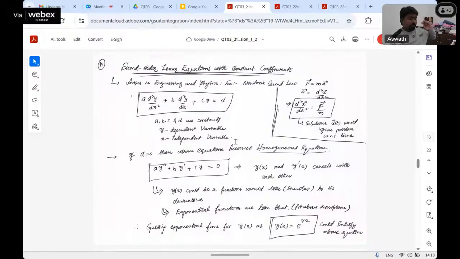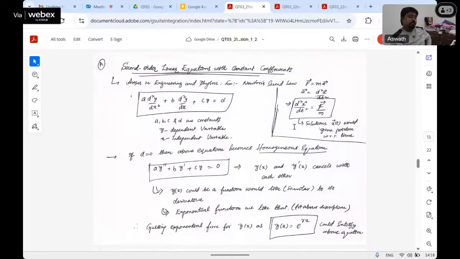So second order differential equations with constant coefficients, if we see, right? So a, b, c and d all are constants. Okay, one example you can ask me is where this kind of differential equation would usually come across. Again, any object which is moving because of some force and is carrying some acceleration. That kind of differential equation is a second order differential equation.